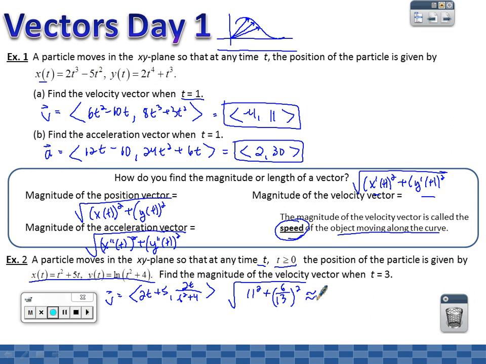If I put that in the calculator, I would get approximately 11.0096. We could certainly round to the thousandths or just truncate at the thousandths. Okay, how are we? We good? Okay, let's go to the next page.